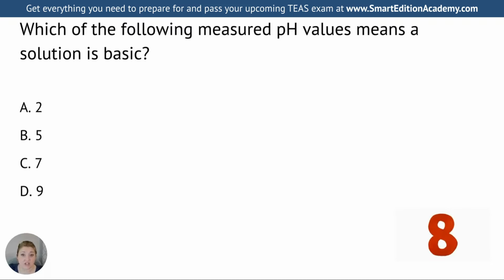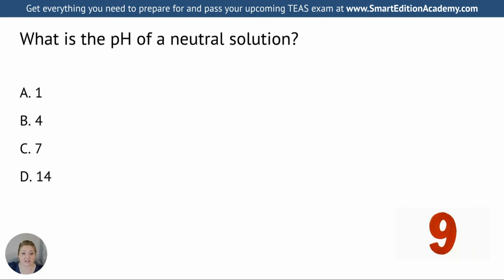We know that the pH scale ranges from 0 to 14. 7 in the center is neutral. Anything below 7 is acidic, and anything above 7 is basic or alkaline. So those that said D, good job. Yes, 9. If you had a pH of 9, you would have an alkaline or base solution. Here's our next question.